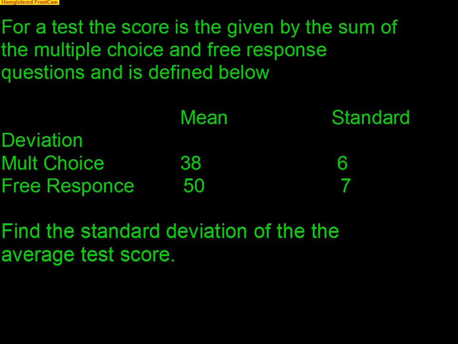So standard deviation is really the square root of the variance, and we cannot add standard deviations. The only way we can combine these two standard deviations is through variances. And we just learned that in order to do that, we are going to have to square them and add them.